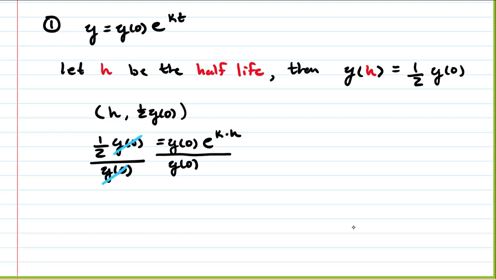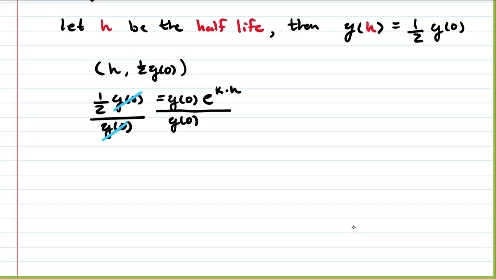Something very interesting happens. The starting amount reduces out of our equation. So our mathematical model tells us that our decay rate, k, does not depend on how much of the substance there is.